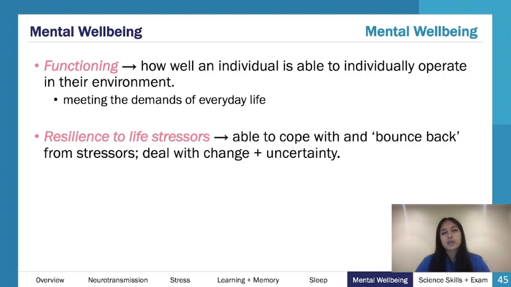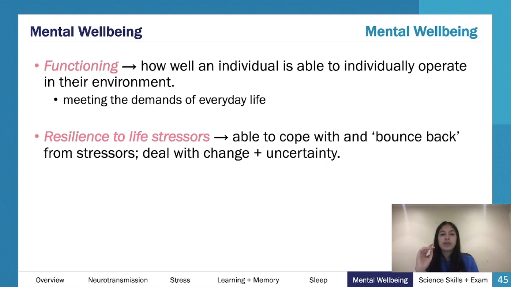You can also think about social and emotional well-being, but we talk about that more so as the actual framework. But your functioning is literally such a vague word. It basically covers everything in how a person lives. So it's this idea of being able to function in society as a person.